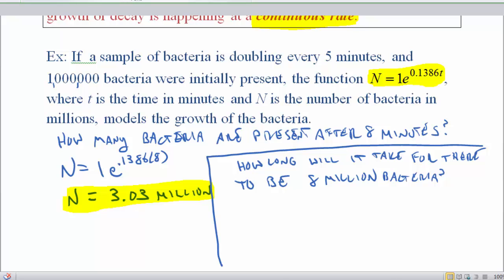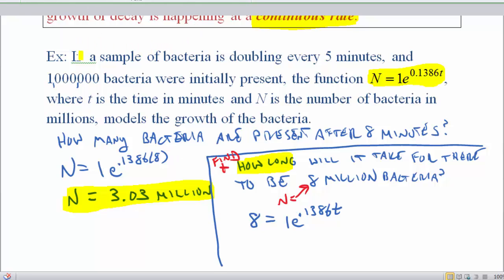Well, you'll say, all right, well, this is just the opposite kind of problem, right? Yeah, and you'd be right. I mean, in this case, they're asking you how long. So when they say how long, what you're trying to do is find t. So find t when n equals 8. So what you're really doing here is solving the equation 8 equals 1e to the 0.1386 t.